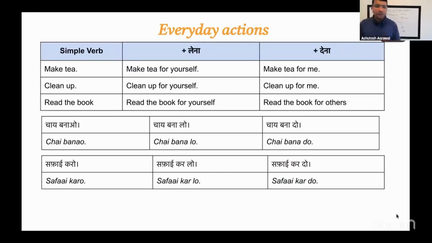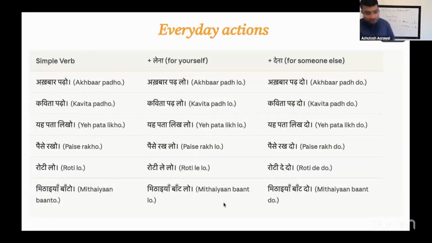So if the teacher is giving you the instruction to read the book so everyone in the class can learn from what you're reading, what will the teacher say? Kitab padh do. So everyone else can also listen to you. Just to be clear, we had akhbar padh lo and akhbar padh do. Okay. Kavita padho, kavita padh lo, and kavita padh do.